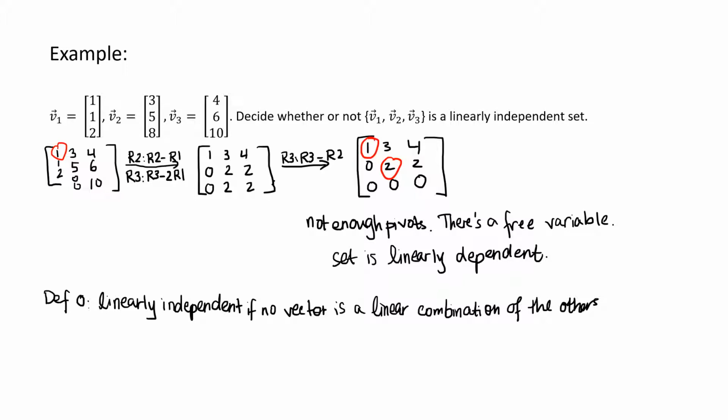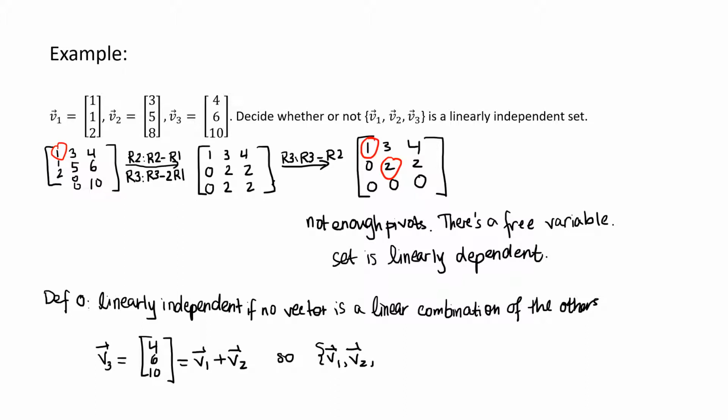If we stare at this for a moment, we can see that V3, which is 4, 6, 10, can be written as V1 plus V2. And from this we can conclude that our set is linearly dependent.